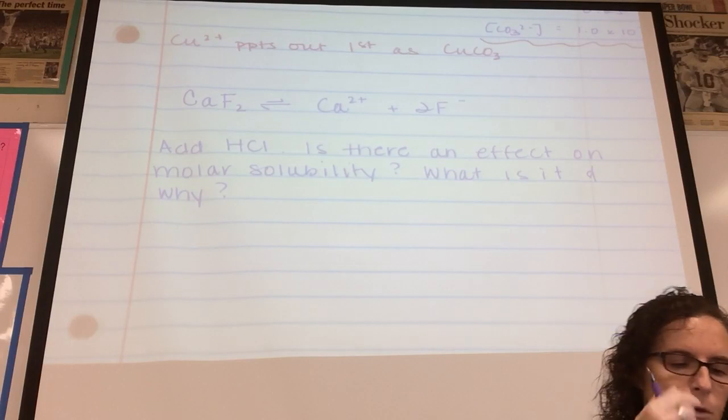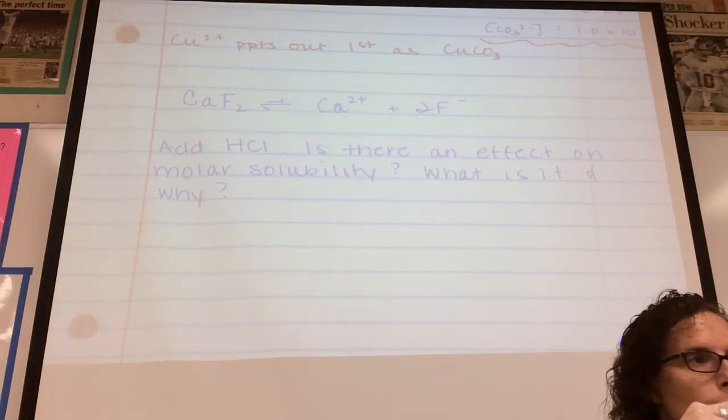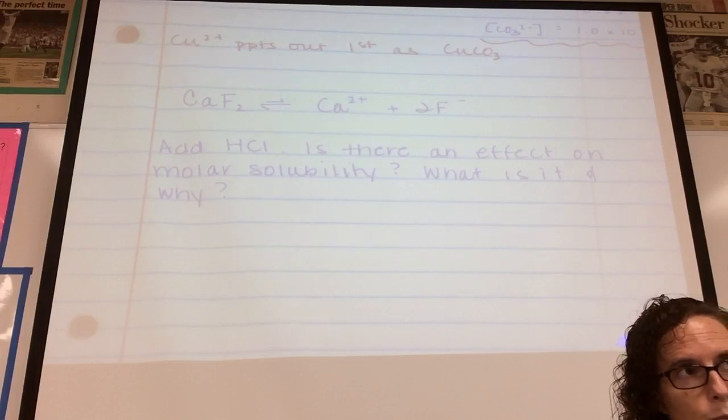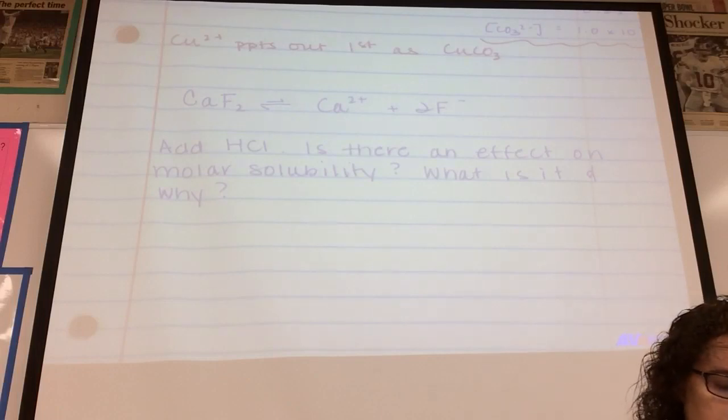So we're going to add hydrochloric acid. Most chloride ion containing substances are water soluble. There are very few that aren't. We've looked at them. Silver chloride, lead 2 chloride, mercury 1 chloride. So most chloride ion containing substances are water soluble.